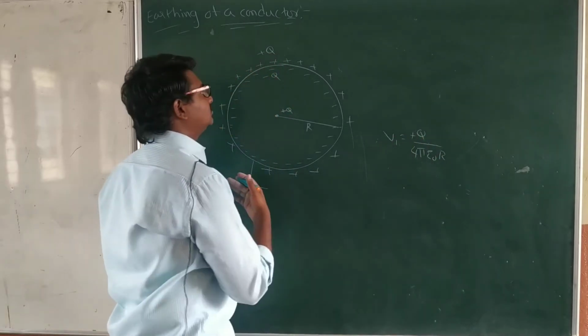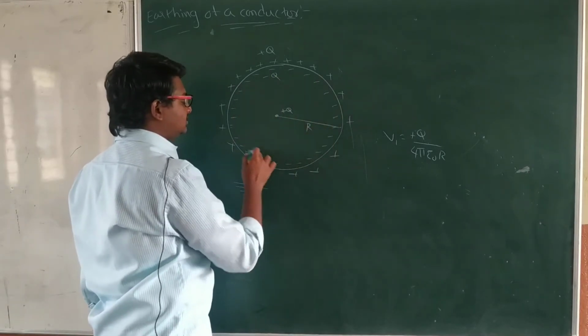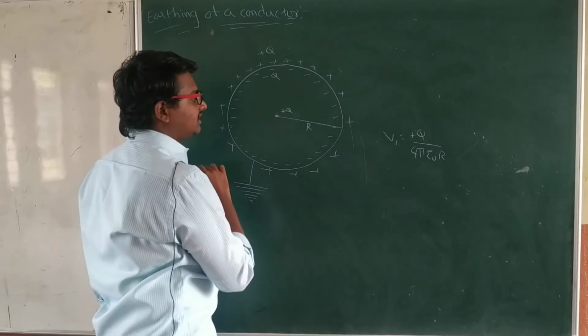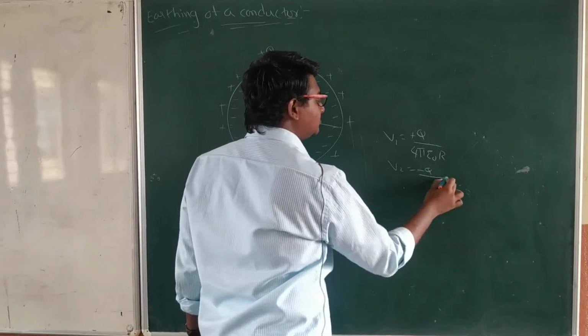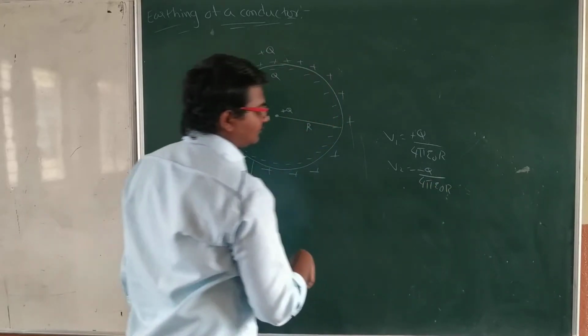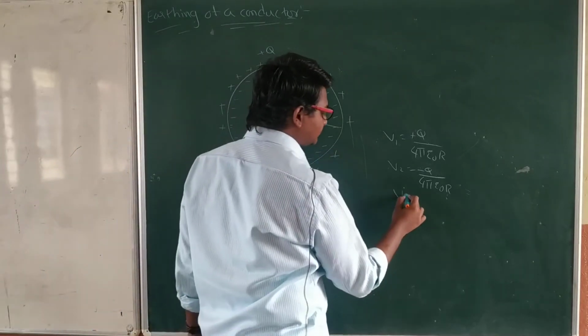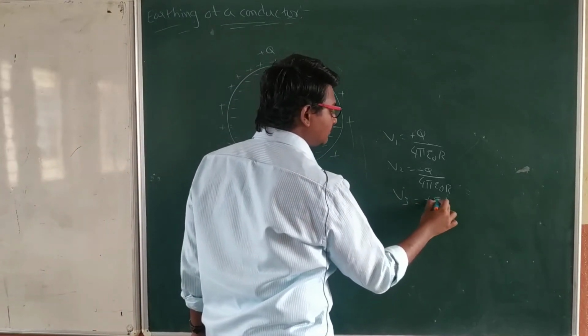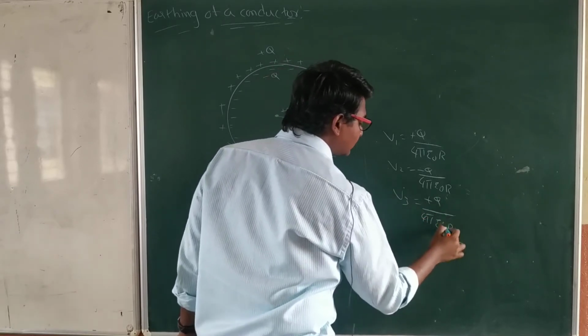Next, here minus q charge came, so we are going to observe V2 equals minus q by 4 pi epsilon naught R. And next, on the surface, V3 is again plus q by 4 pi epsilon naught R.